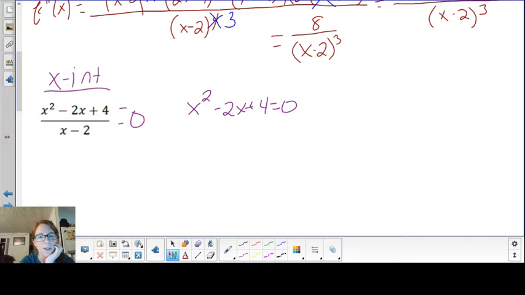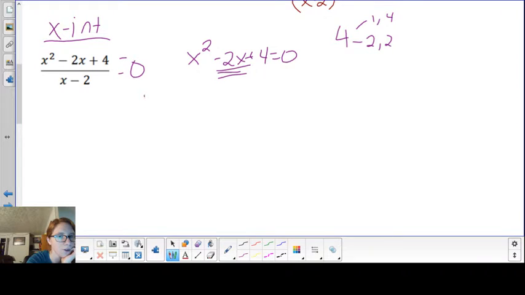When I try to factor it, the only things that multiply to 4 are 1 and 4, and 2 and 2, and no combination of those will add to negative 2. So because of this, there's no x-intercept.